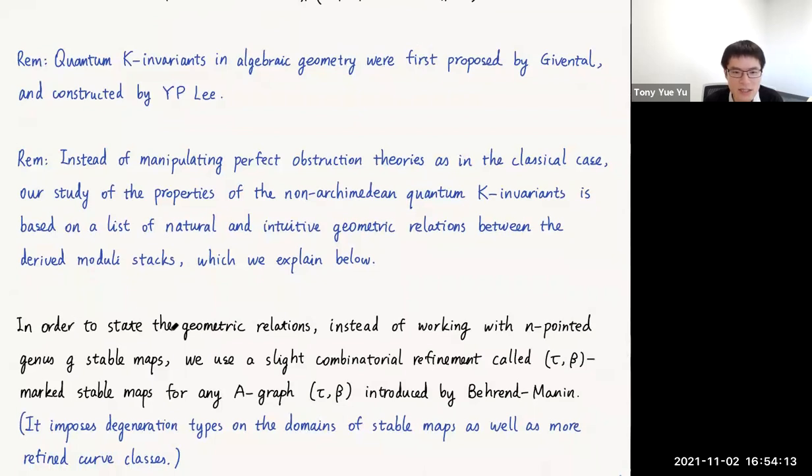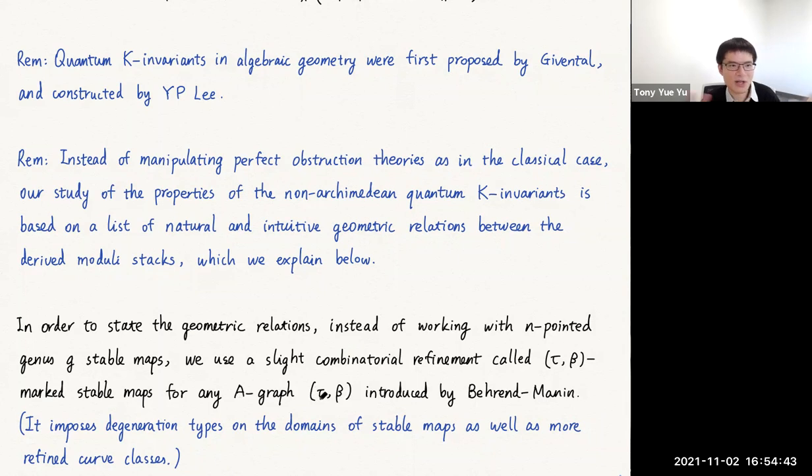So in order to state the geometric relations, instead of working with n-pointed genus g stable maps, we use a slight combinatorial refinement called (tau, beta)-marked stable maps for any so-called A-graph (tau, beta) introduced by Behrend and Manin. So this A-graph is just a pair (tau, beta).